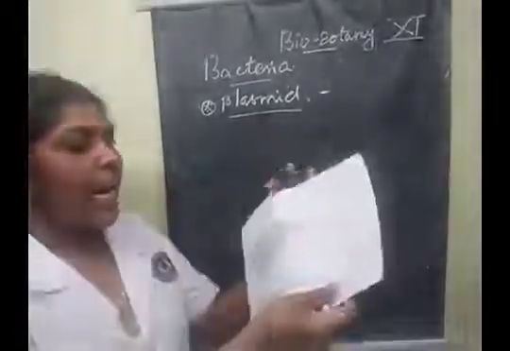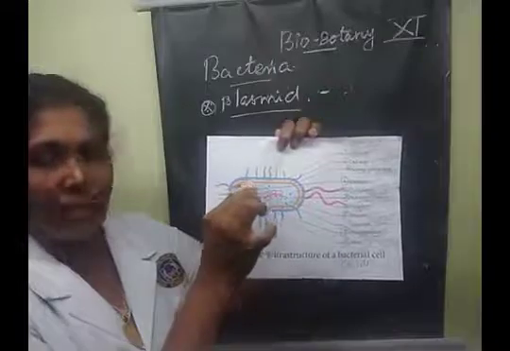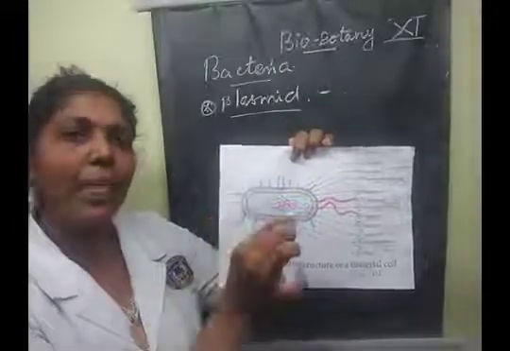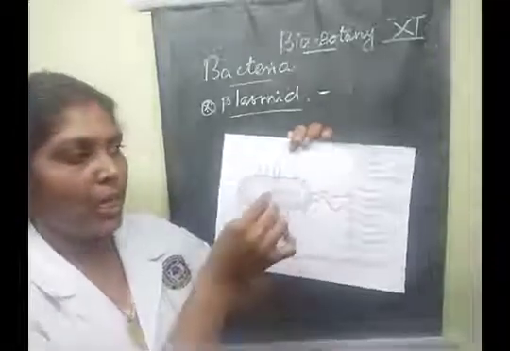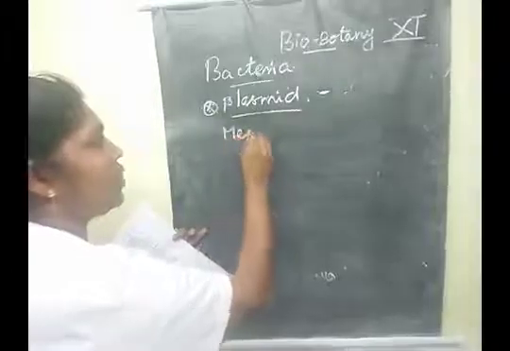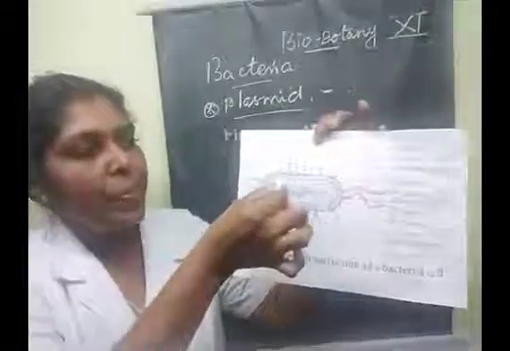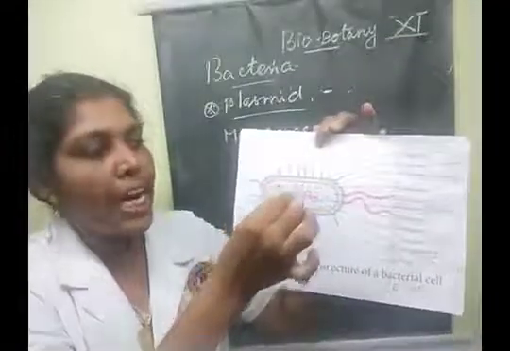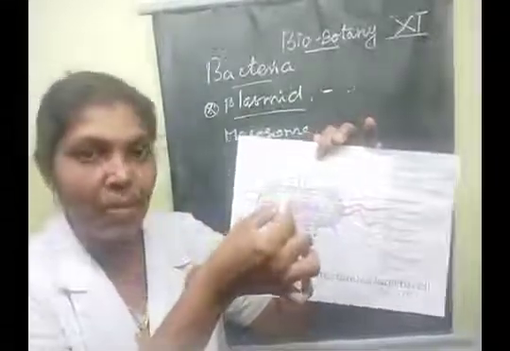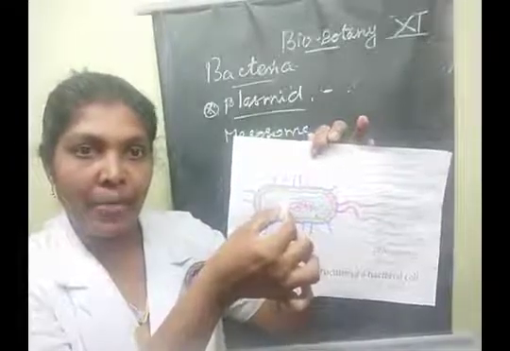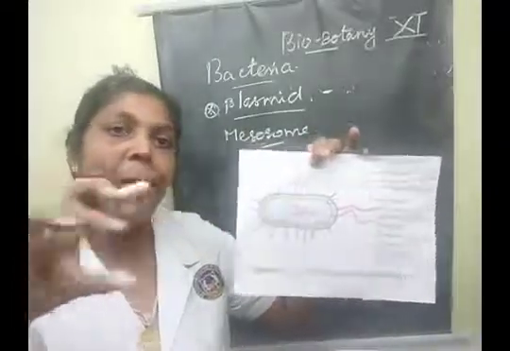The mesosomes are infolding projections of the plasma membrane that form vesicles, tubules, or lamellae-like structures.